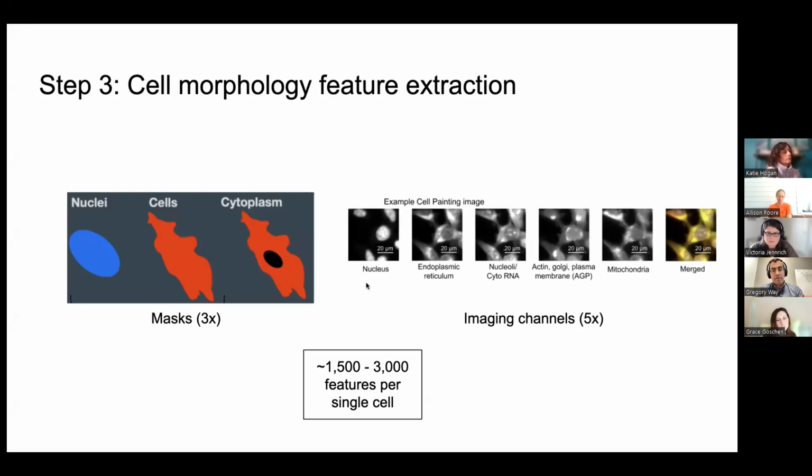So 3 different masks across the 5 imaging channels. That's 15 different per single cell entities or objects that we're measuring. And so with those 15 measurements, we end up generating between 1,500 and 3,000 features per single cell with the canonical pipeline.